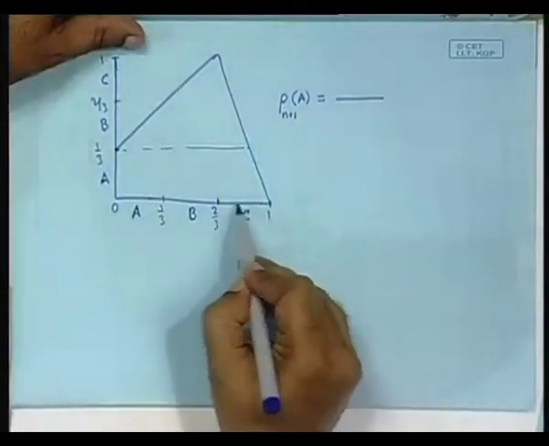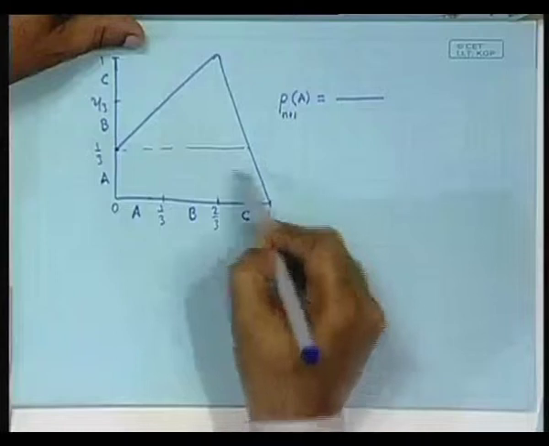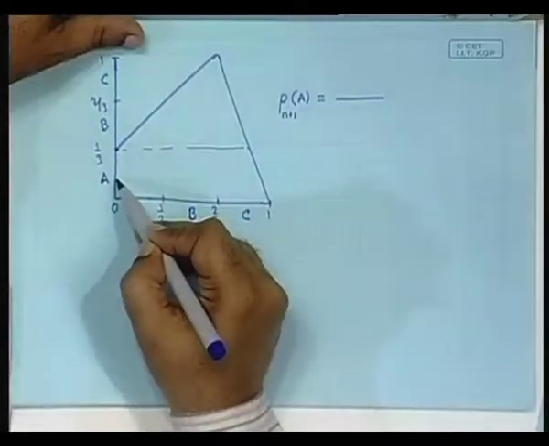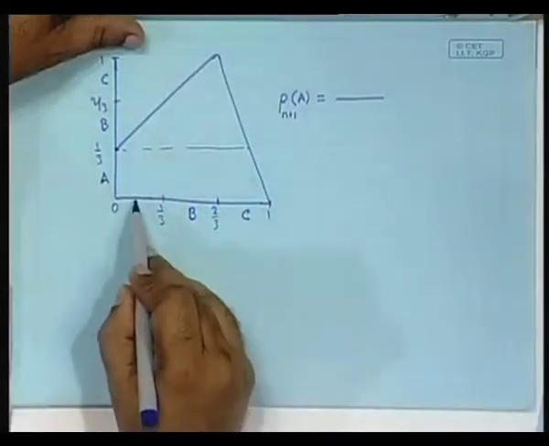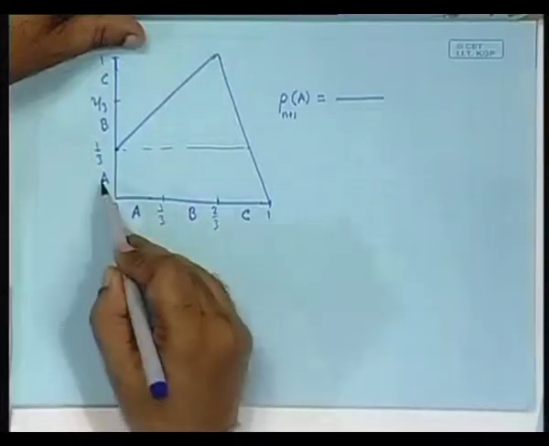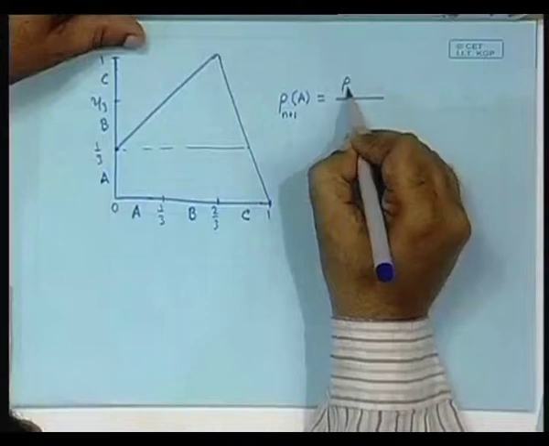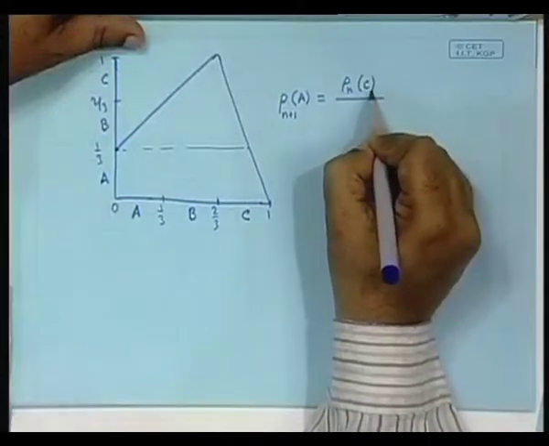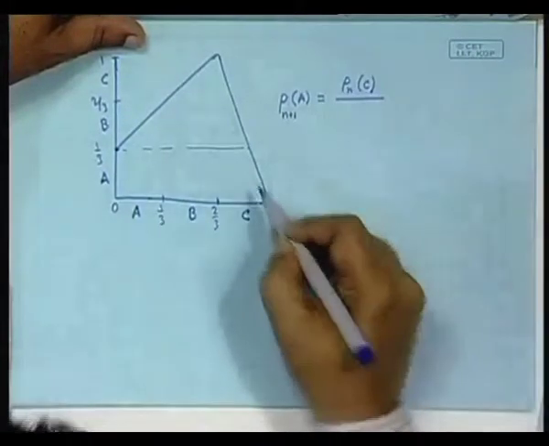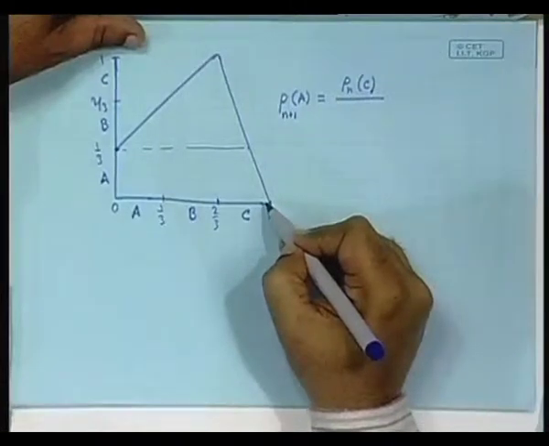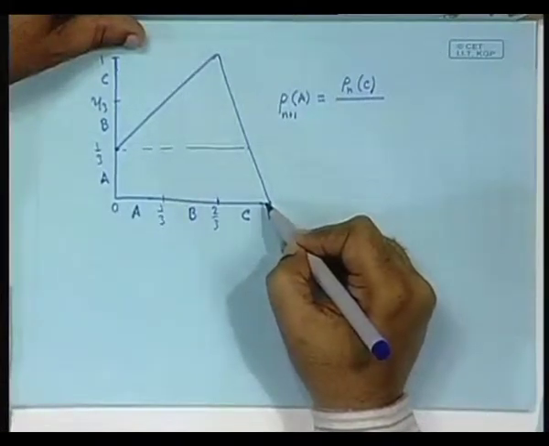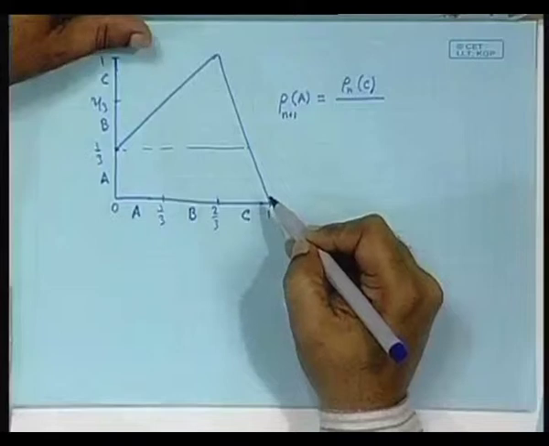Only if any iterate is in the last part C, it will go to A. If any iterate is in A or B, it will not go to A. So it comes from rho n of C divided by the slope here, and the slope here is how much? 3.